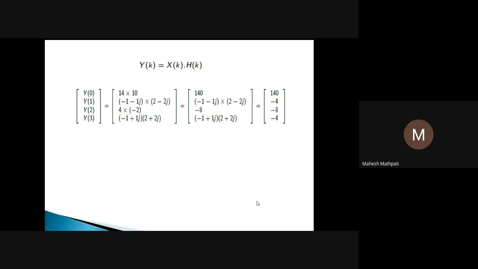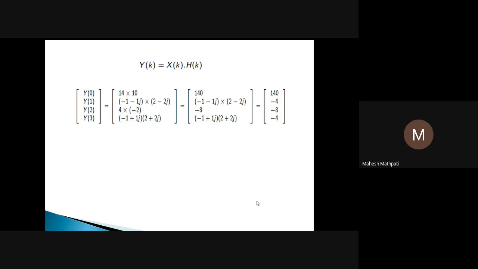Just write the fourth point: to find y of n using IDFT to the above equation, or the above matrix.